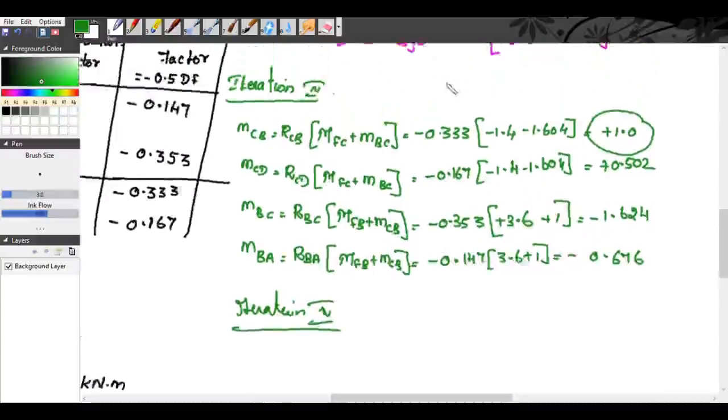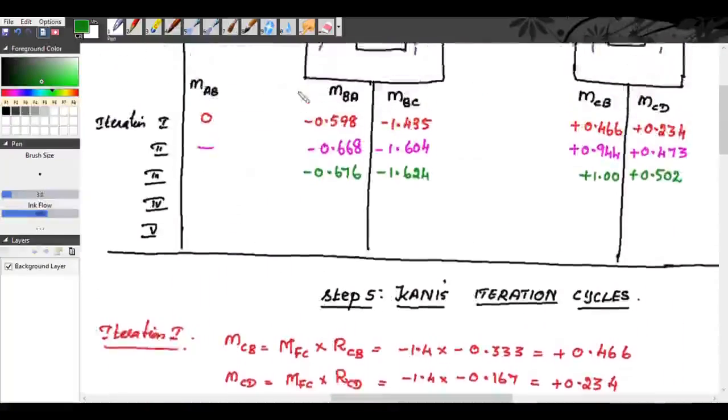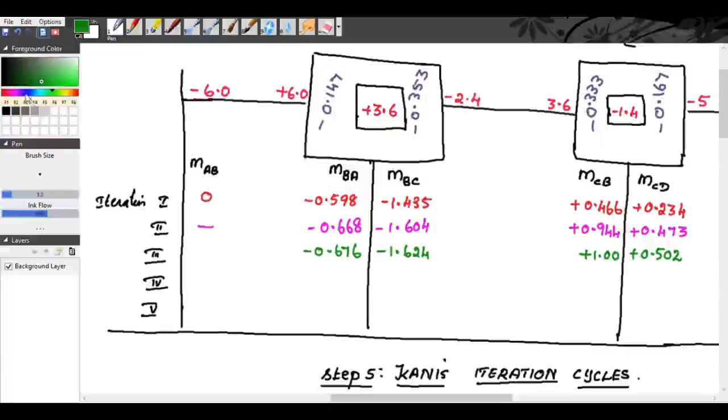So the values are, I will write the values directly here. In the fourth iteration, we will get the values as plus 1.007, plus 0.505, minus 1.626 and minus 0.677.